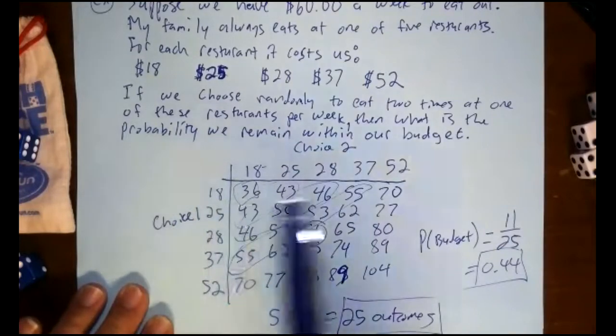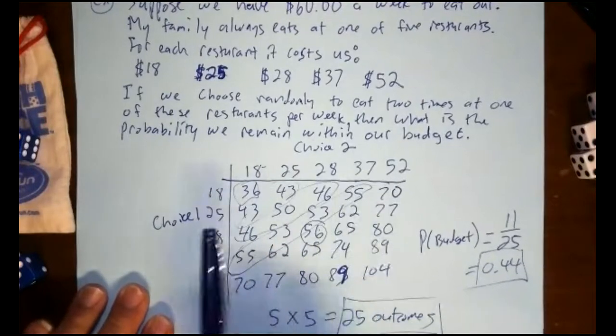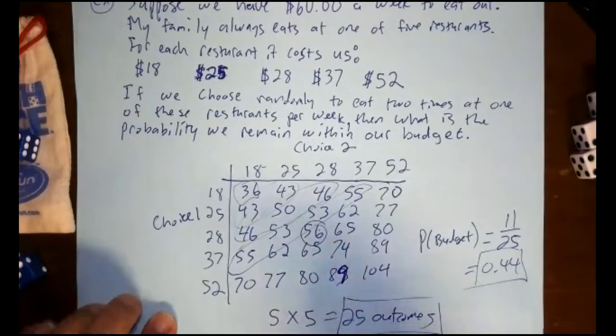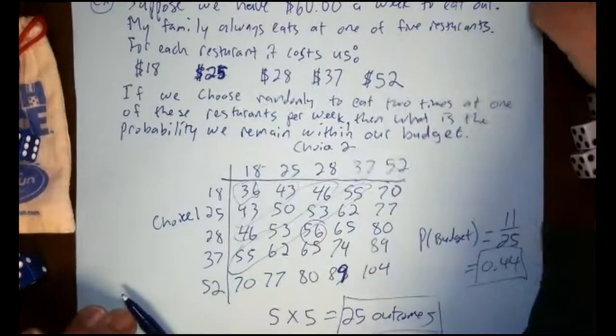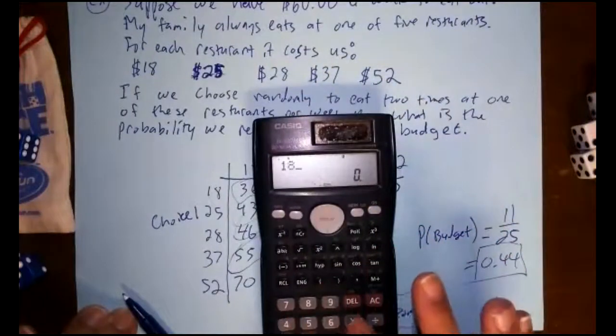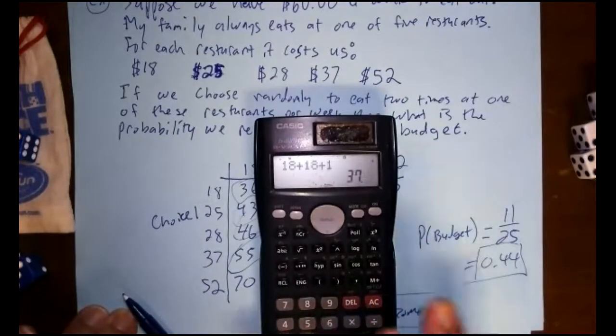And then I would have a cube with all these different prices, and all the prices would be the prices of the 3 different restaurants. The only one that we could afford with a $60 budget is the cheapest one, 18 plus 18 plus 18. We could afford that.